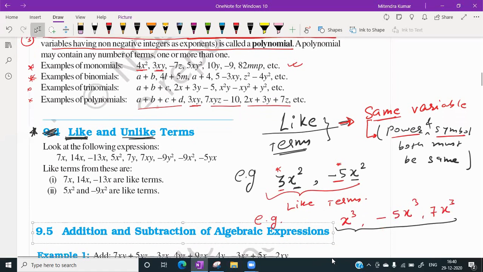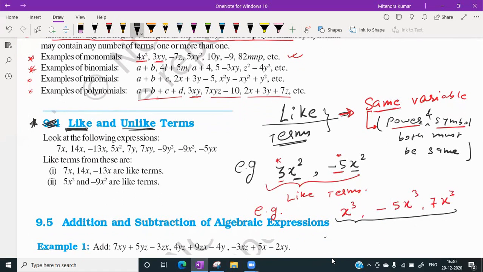How to check? You have to check the variable. Here the variable is x, here also x, and here also x. That is okay. Next, the power here is 3. Power of the variable here is 3, here also 3. So we can say all these three are like terms.